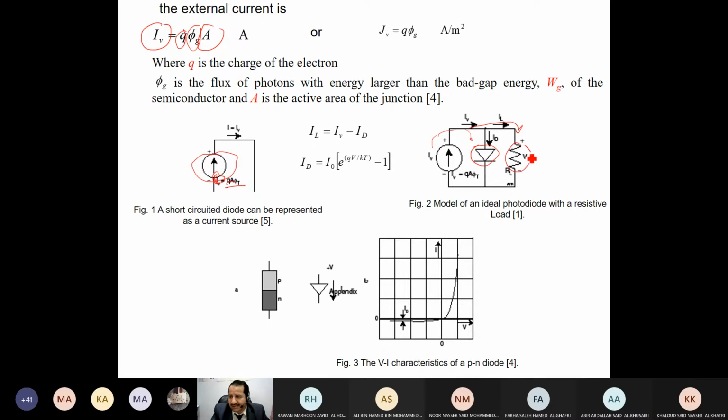Here I represent it by a resistance, but it could be anything, like a lamp, a fan, whatever it is. Now the current of the load is the total current coming from the cell itself, minus the current going to the diode. This is Kirchhoff's current law: current in equals current out.